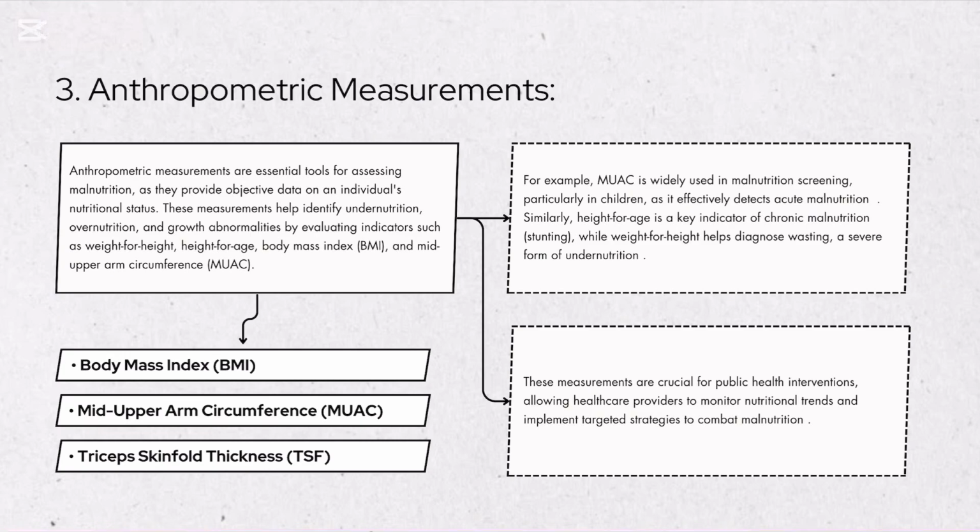Triceps skinfold thickness, TSF, estimates body fat and helps assess energy reserves. These measurements allow healthcare providers to monitor changes over time and implement targeted nutritional interventions. As nurses, understanding and applying these tools enhances our ability to deliver precise, evidence-based care and contribute meaningfully to the fight against malnutrition.